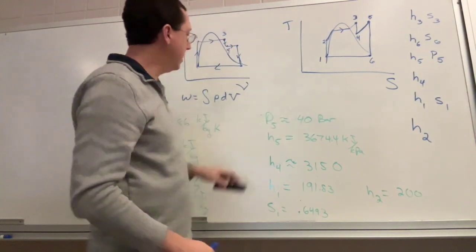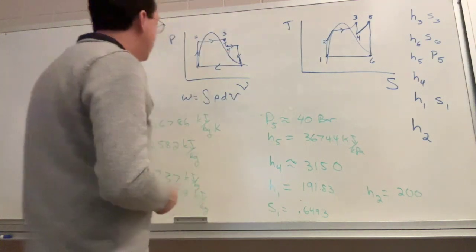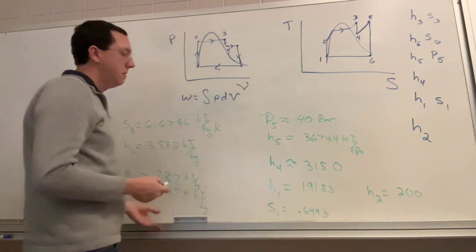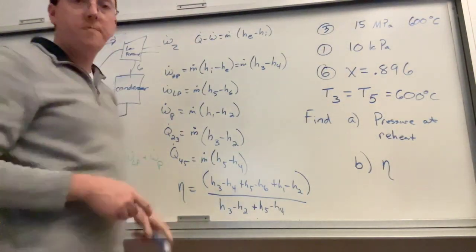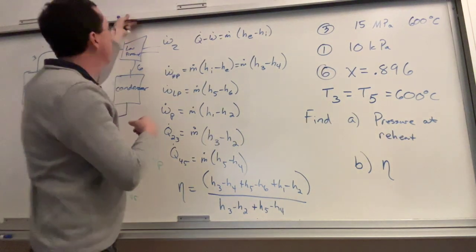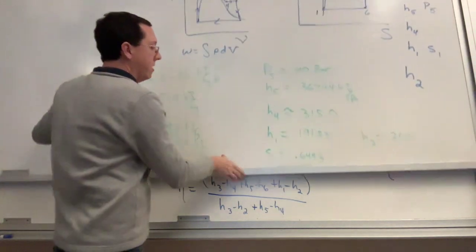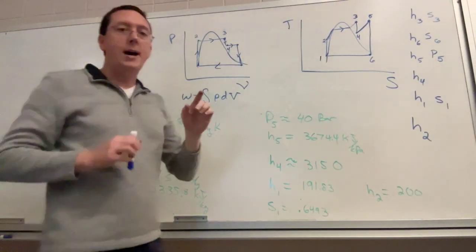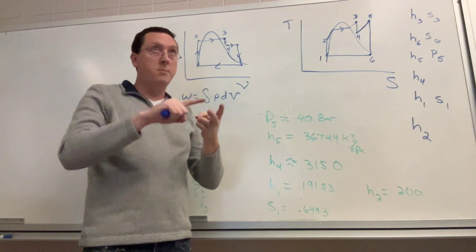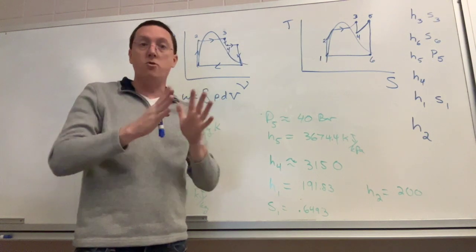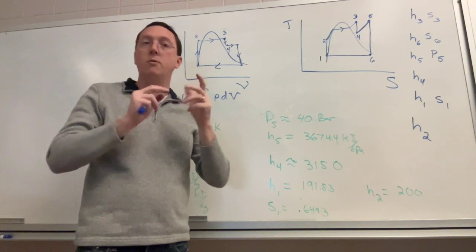Now, let's go through what we know. The basic assumptions are that we're using ideal components, which means that the turbines and pumps are isentropic. The entropy is constant. That means that there's no heat transfer and also that they're reversible.